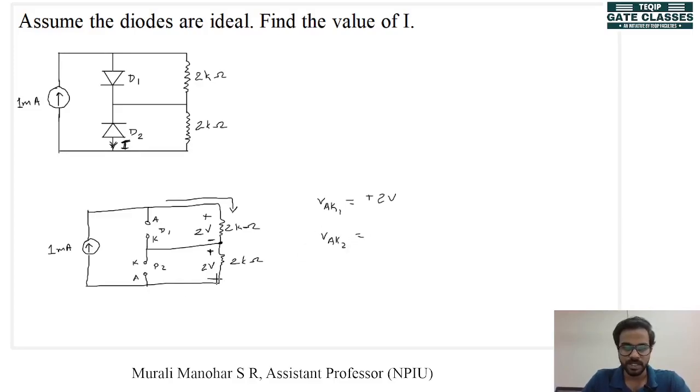Anode is connected to minus 2 volt, and cathode is connected to the reference potential. So VAK2 will be minus 2 volt. That means diode D1 is forward biased and diode D2 is reverse biased. If diode D2 is reverse biased, no current can flow through it, and the value of I will be equal to zero.